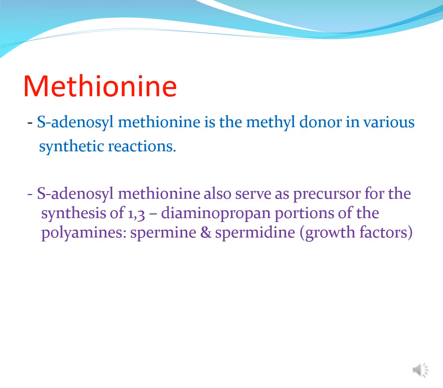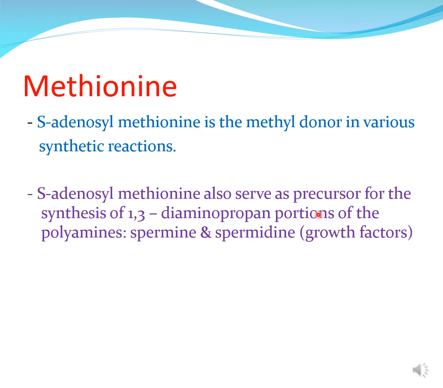The third amino acid is methionine. Methionine, we said before, is the precursor for S-adenosyl methionine, which is a methyl group donor in various synthetic reactions. Any synthetic reaction that requires methylation usually utilizes S-adenosyl methionine.